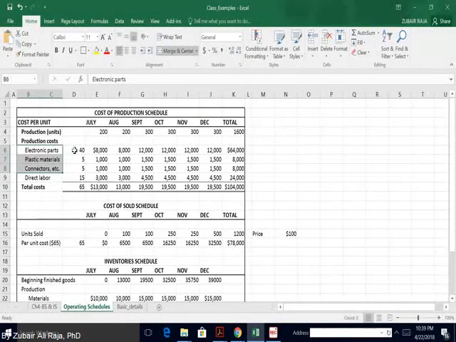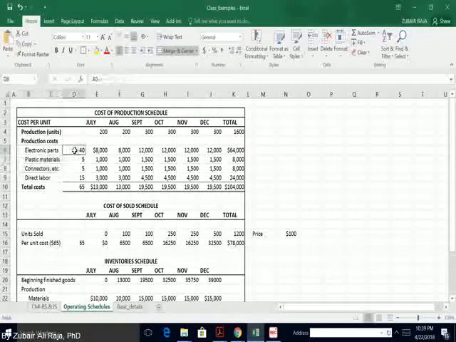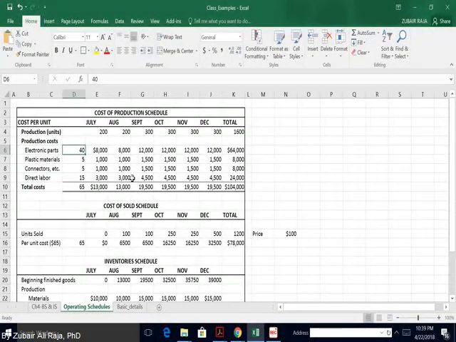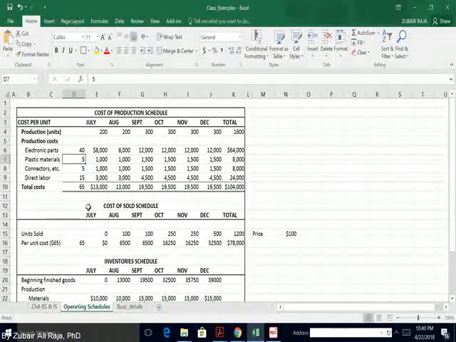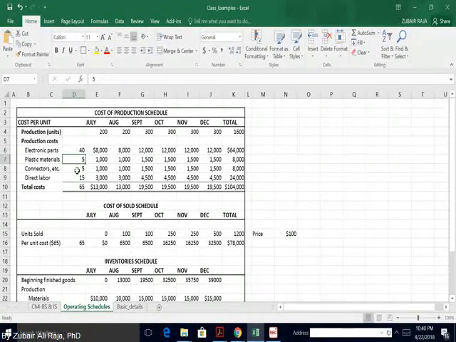While making each scanner, $40 worth of electronic parts are used, $5 worth of plastic materials, $5 worth of connectors, and the direct labor cost incurred to assemble each scanner is $15. So the cost of producing one scanner is $65.